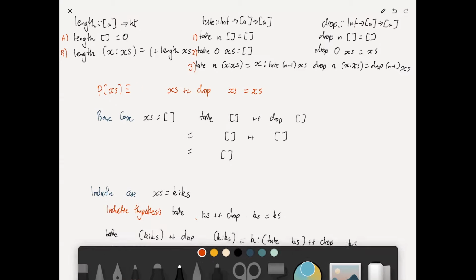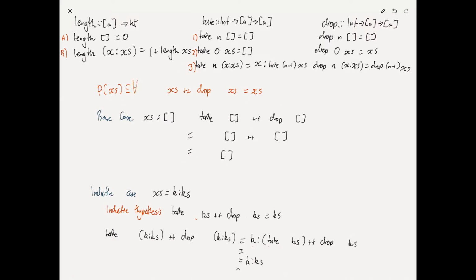My property is now for all n, take n of x's and drop n of x's, right? So this is now for all n, take n of empty list, drop n of empty list. And here, my inductive hypothesis is for all n, take n of x's, drop n of x's, of k's, sorry.